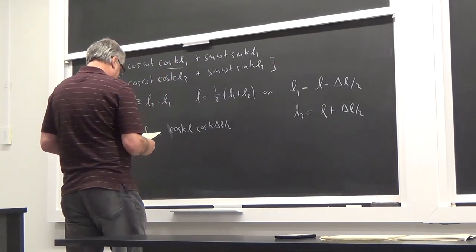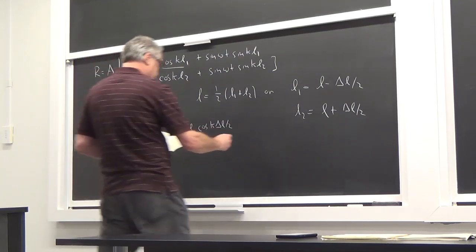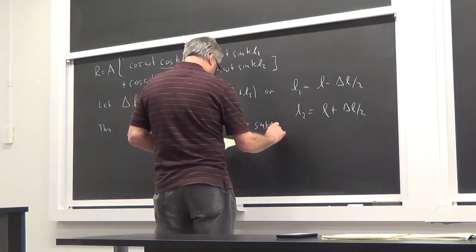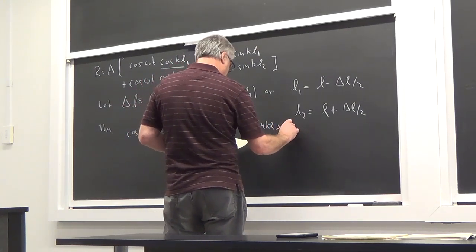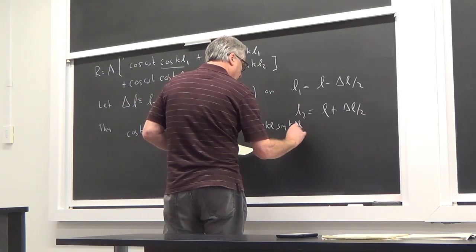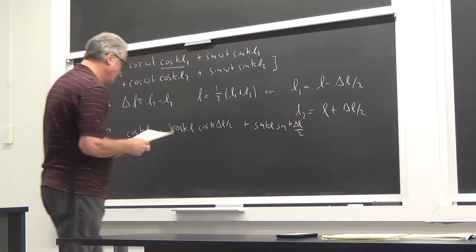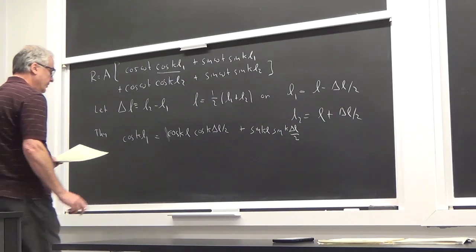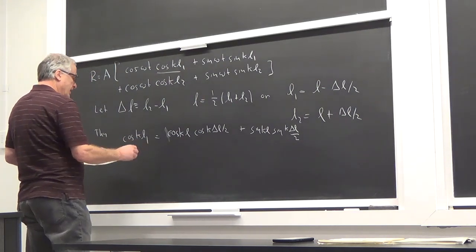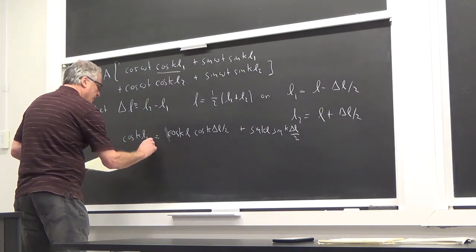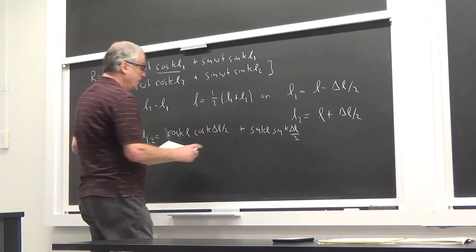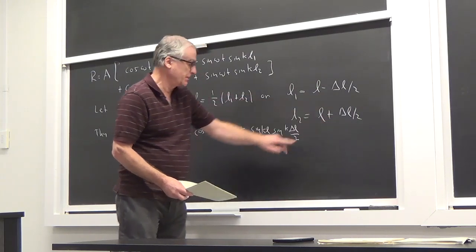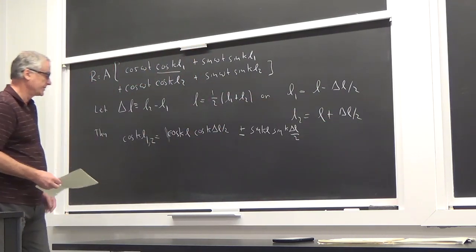Okay. And then plus the sine terms: sine KL, sine K delta L over 2. So the cosine KL2 term will be the same as this, except there'll be a minus sign here because we have this minus sign changing to a plus sign. So our identities will get this.